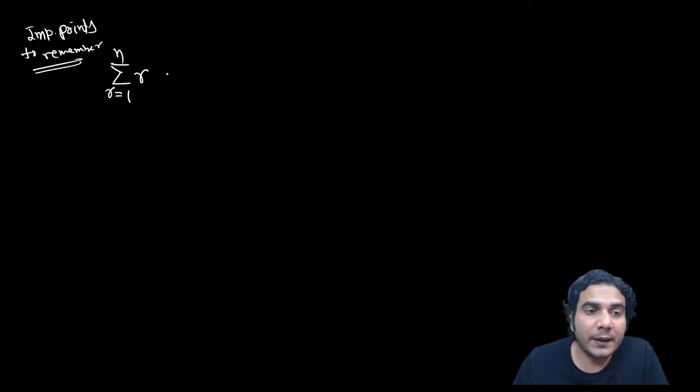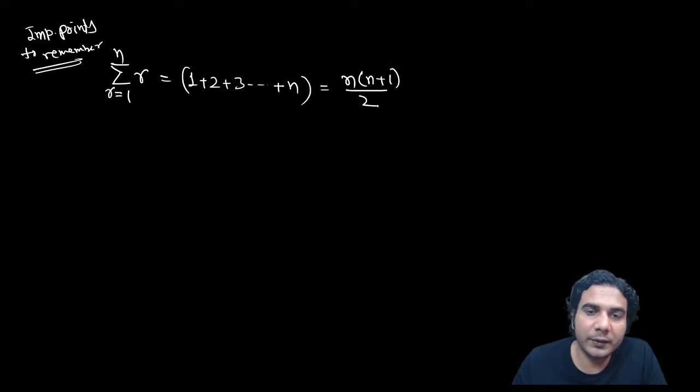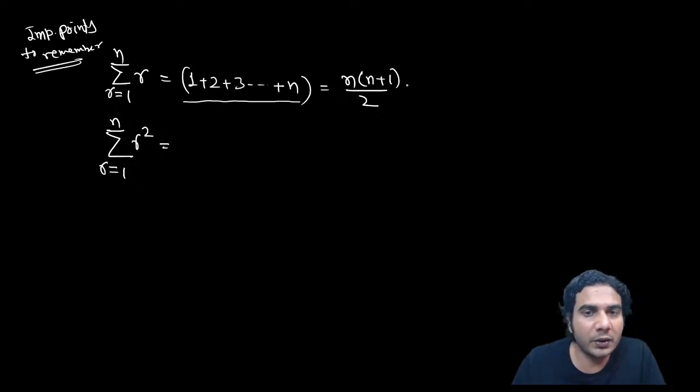First, sigma of r from 1 to n is nothing but 1 plus 2 plus 3 and so on up to n. If you add this series, it is going to be n into n plus 1 by 2. This is the sum of natural numbers, you know. It's an AP also, so you can apply the formula of AP to get this sum.